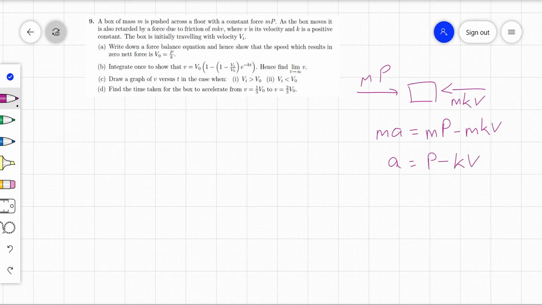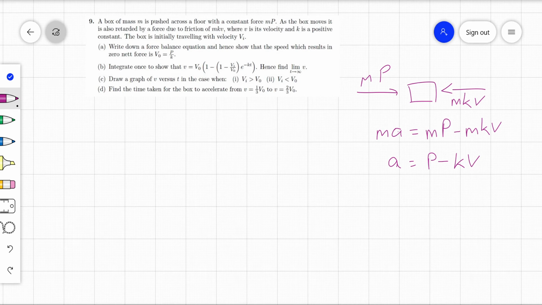If I make acceleration equal 0 to find the initial speed, write down the force balance equation and hence show the speed which results in this force, v0.